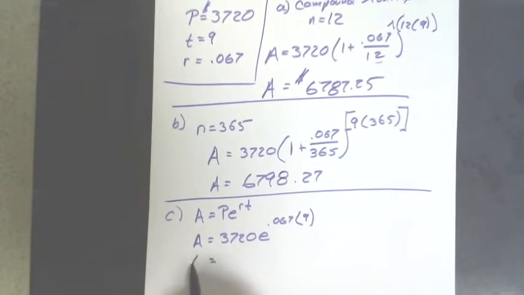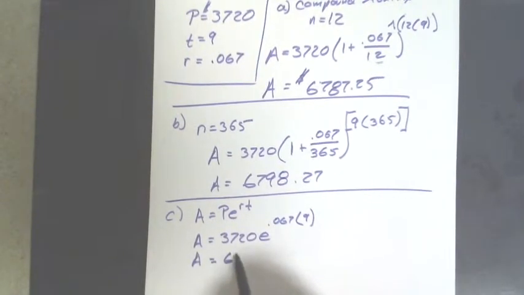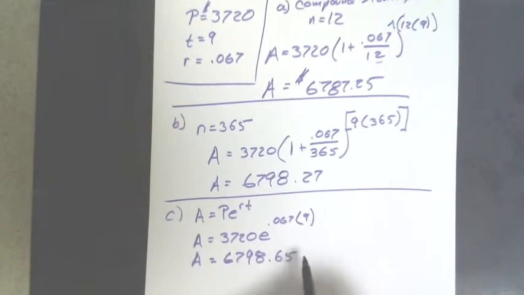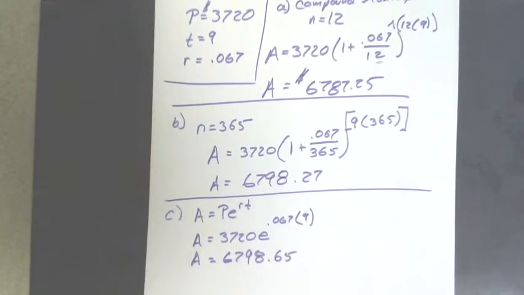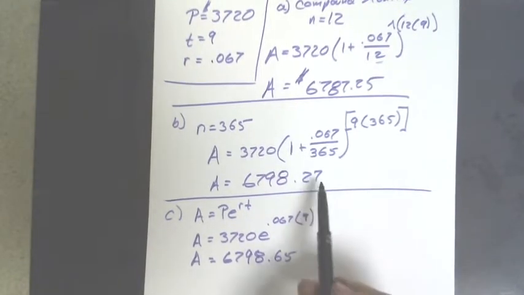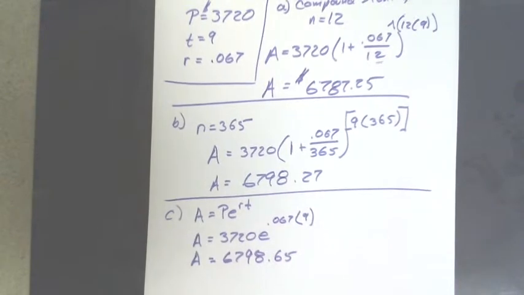But again, you can now just evaluate that, and you should end up with the largest of any of your values, 6798.65, which is only slightly larger than your daily. But if you're talking about vast sums of money, it does make a pretty big difference in the long run.